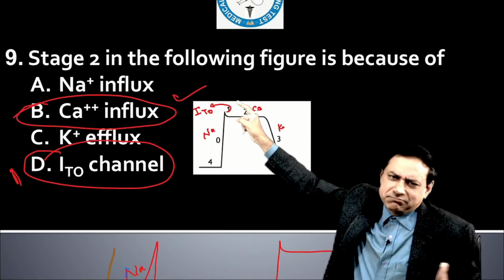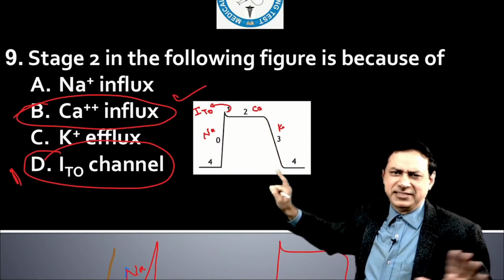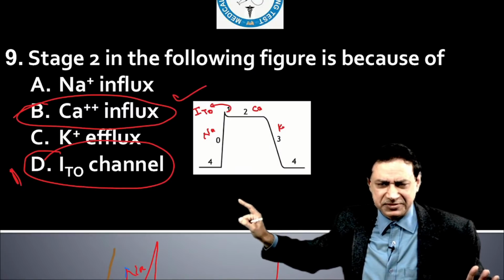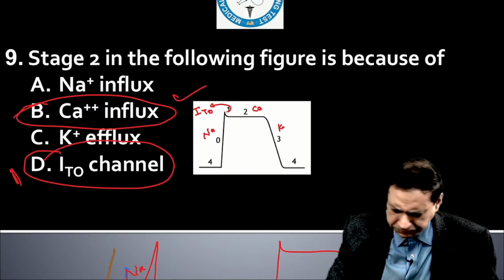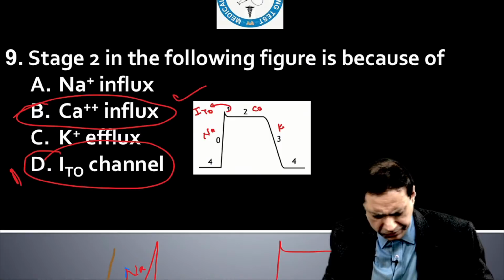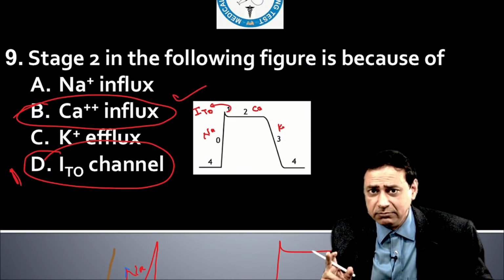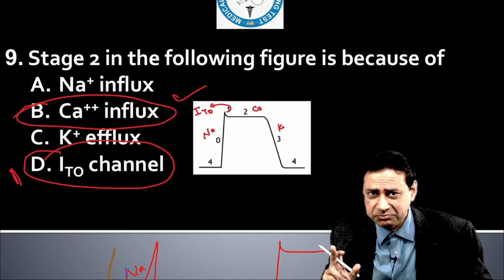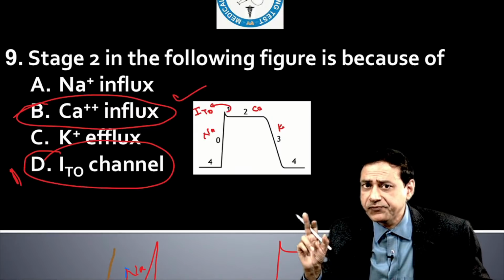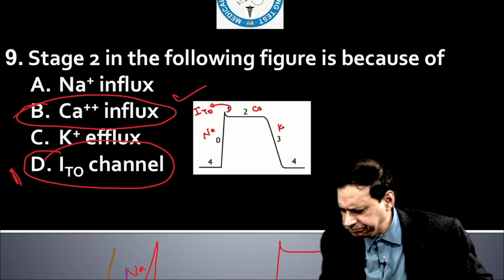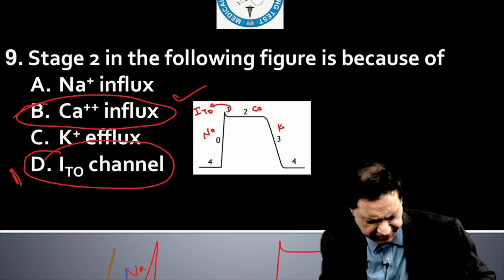So stage 1 is a difficult question, but stage 2 is easy. ITO is stage 1, not plateau. Stage 2 is because of calcium. Is that right?